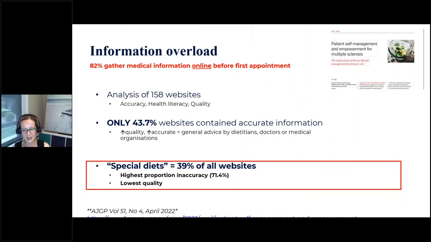We actually know that a lot of people have a big long search online, and I'm pretty sure I could call it a Google search at this point, to look for medical information before they even go and have their first appointment with their neurologist or with their healthcare team. So they've been newly diagnosed and they go out, and 82% of people are already collecting information about their disease.